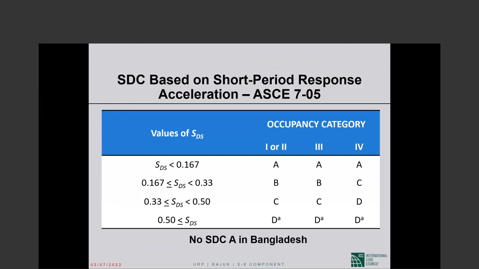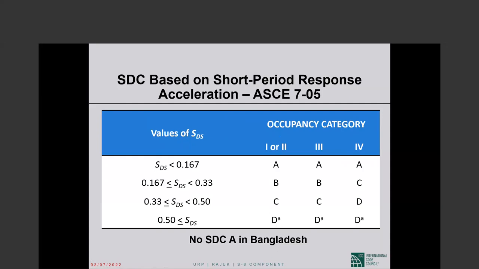The seismic design category must be determined first based on short period ground motion S sub DS by this table that is part of ASCE 7. Okay, so we have the occupancy category here and S sub DS here. S sub DS, I remind you, is soil modified ground motion. So the ground motion is here, but the soil is also here.